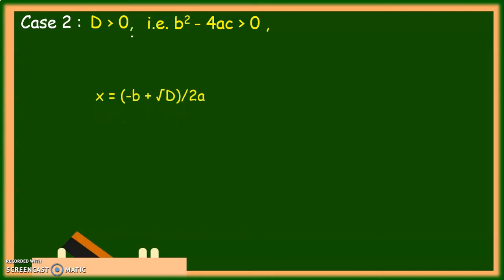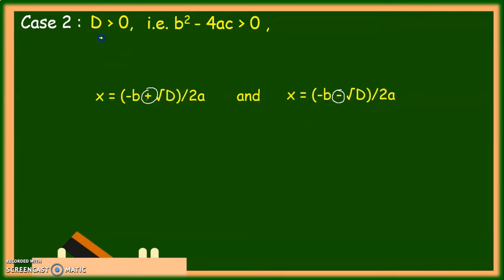The second case is when d is greater than 0, meaning we get a positive value of d. It means b square minus 4ac will be greater than 0. So if you put the value of d, here we get two values. One is x equal to minus b plus under root d divided by 2a, and the second value is minus b minus under root d divided by 2a.